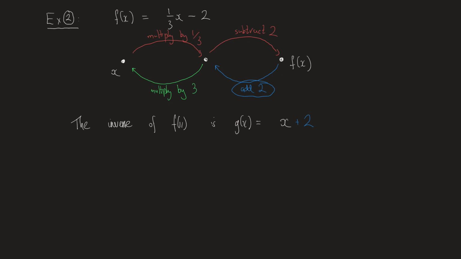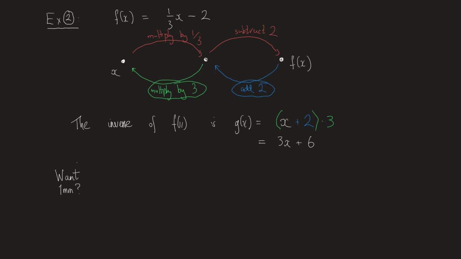And the next part of my function was I wanted to multiply the result of that by 3. So I'll carry that out using parentheses. I'll multiply by 3. So if I tidy this up so it looks a little bit more like a linear function, just distributing the 3, I get 3x plus 6 as my inverse. And it's really that simple.